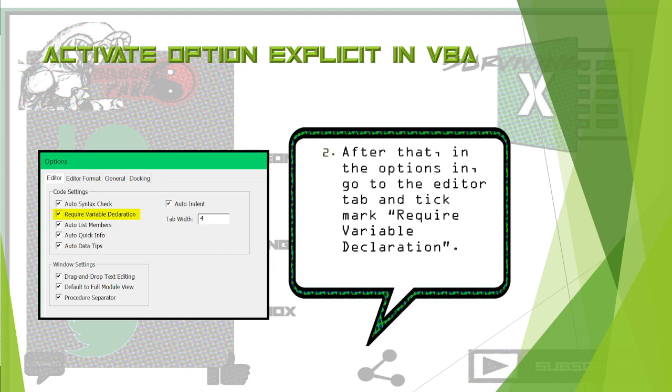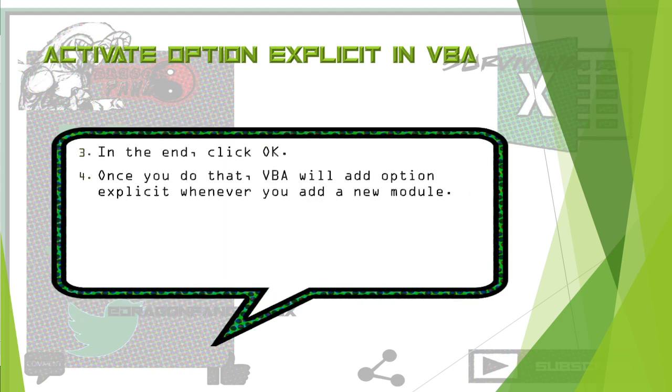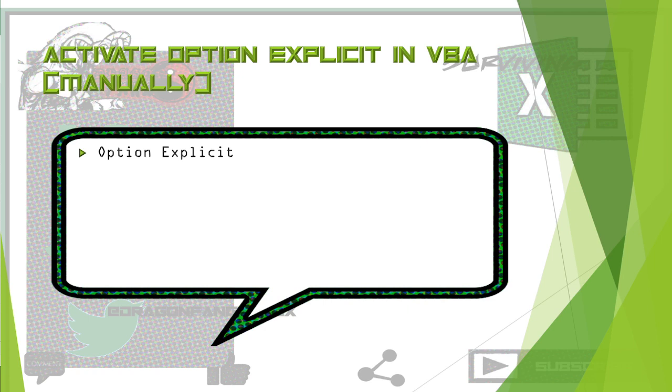The Options dialog box will appear. You check off Require Variable Declaration, and you hit OK. And when you create a new module, Option Explicit will appear right there on top of your code automatically. Or you just type it in, Option Explicit. That's the manual way of doing it. Either way works.